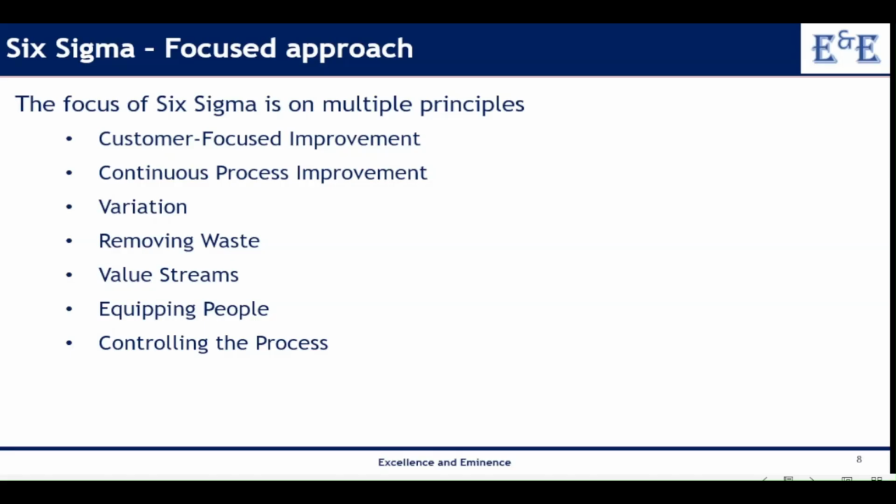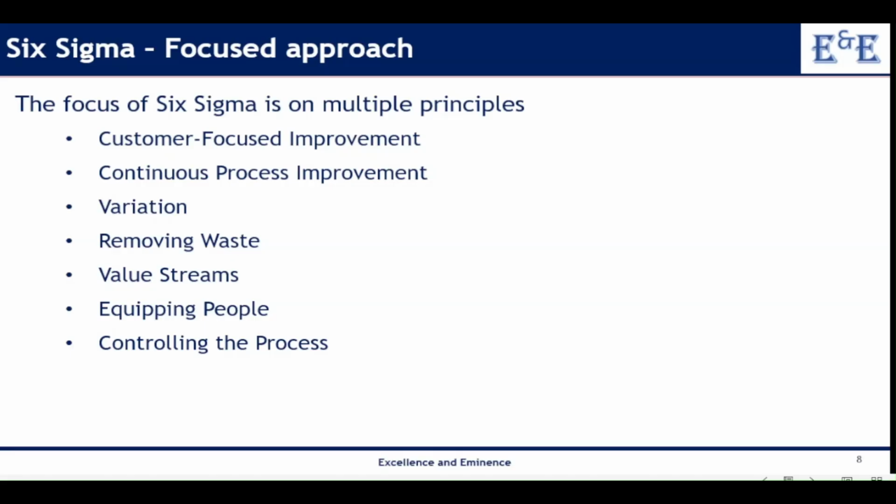Next, where is the focus of Six Sigma? Obviously any business surveys its customers, so the first focus remains always the customer focus. Then the internal process, so continuously improve the process so that you have a good output.